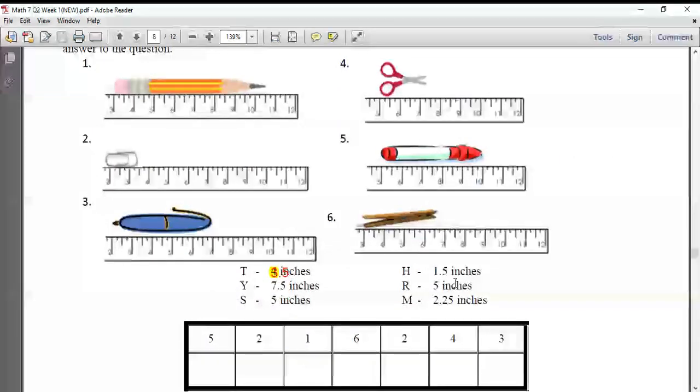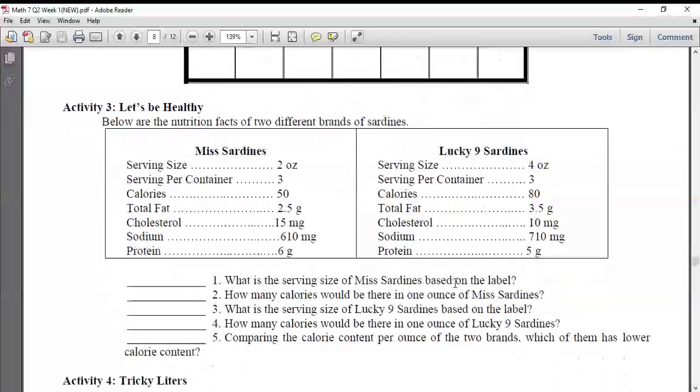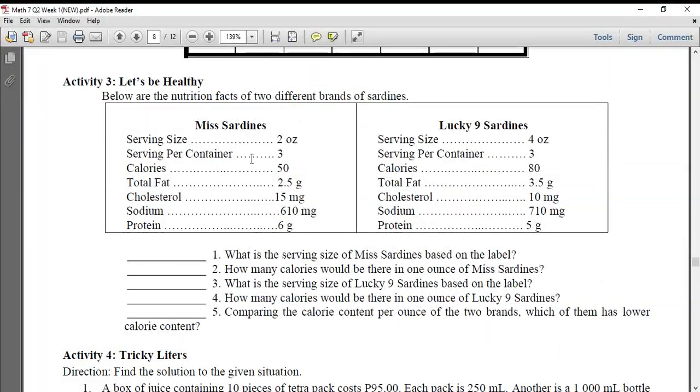Okay? Ayan. So, number 3. So, ito alamin nyo lang base dito sa table na to. So, what is the serving size of Miss Sardines based on the level? Serving size. Anong serving size? Dito, serving size. Okay? So, ito. So, how many calories would be there in one ounce? 1 ounce of Miss Sardines.